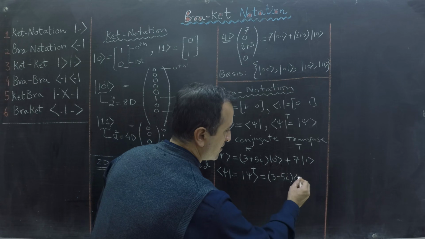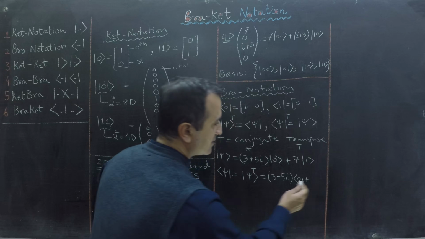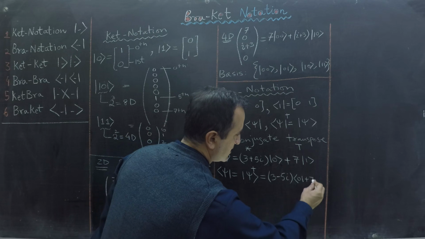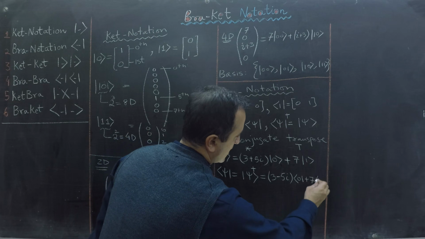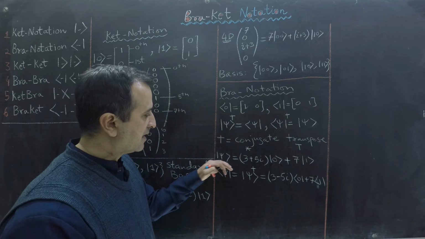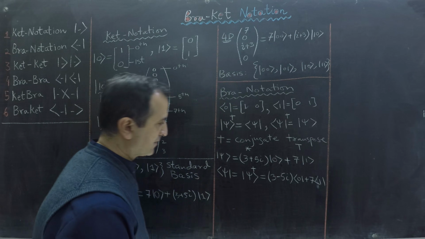So I will get here Bra 0 because this is taking transpose, plus there is no iota here, so there will be no changing of sign in this term, and we get 7 and once again Bra 1. Let's represent Ket psi and Bra psi in vector form so that our concepts can be clear.